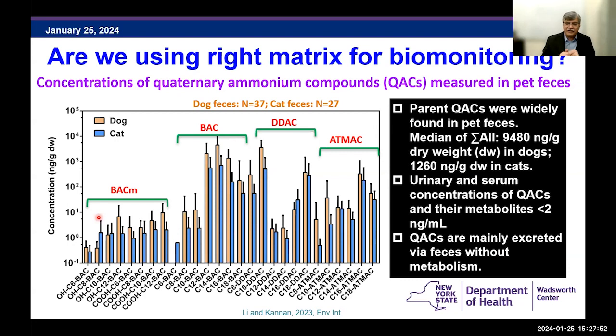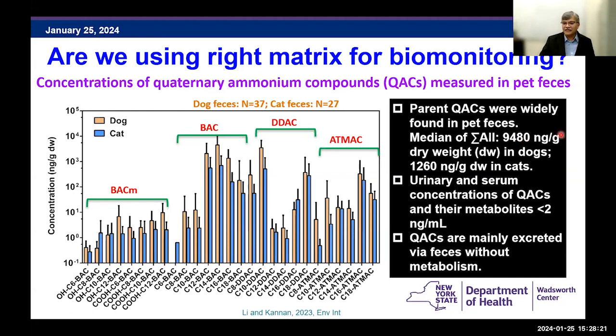We use lots of disinfectants and sanitizers, and we are exposed to several milligrams of quaternary ammonium compounds every day just by using some of the products. But in urine, you don't find them. You find few micrograms. But then what happens to the several milligrams that you are exposed to? Then we started looking for these compounds in feces, and that's where you find them.